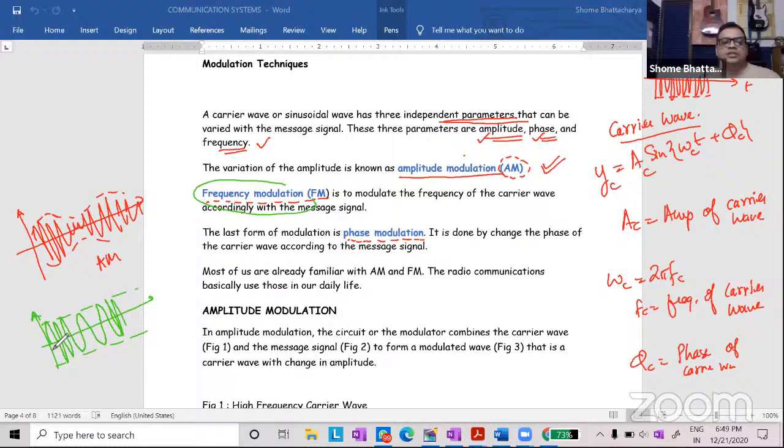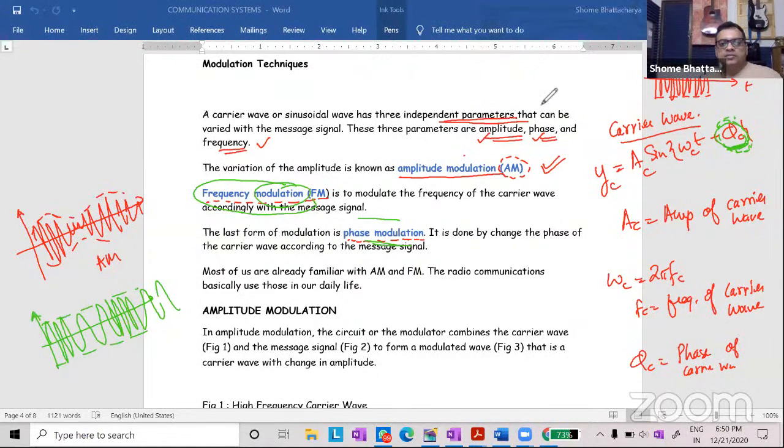So it's not having uniform frequency, because the frequency is being modulated using the information from the input signal. Phase modulation is difficult to represent geometrically. But if this phase constant term is continuously modified by the input signal, then the process is called phase modulation.